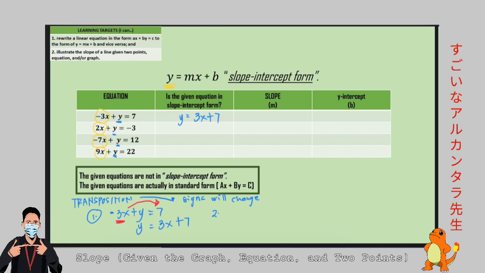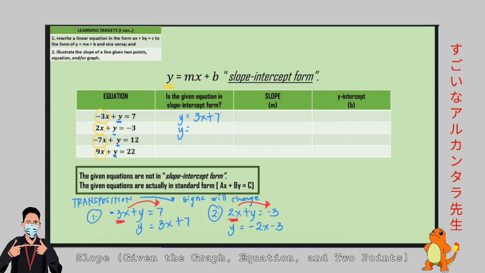For the second one, we have 2x plus y is equal to negative 3. We want the y to be alone, so we're going to move the positive 2x to the other side of the equation. Since 2x is positive, when we move it to the other side, it should change sign, so it will become negative. So y is equal to negative 2x minus 3.